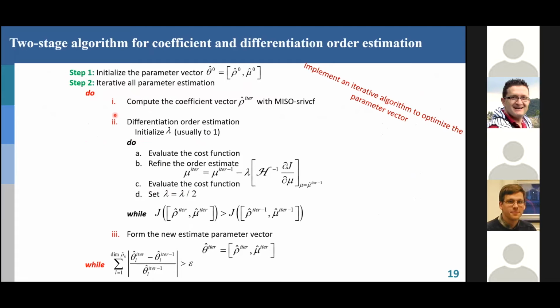Second, we implement the Gauss-Newton algorithm, which is based on these steps. Once we have rho and nu, we formulate the new estimated parameter, which is used to test whether we break the loop or not, that is, whether it has converged or not.